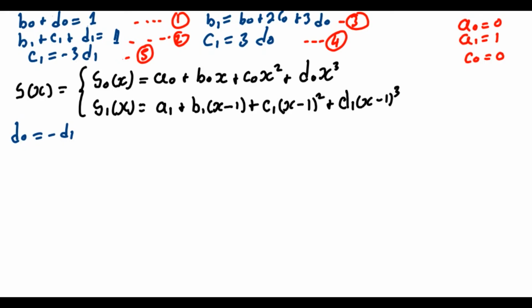Okay, so what follows? This D naught is equal to minus D sub 1. I'm going to substitute it in equation 2. Where's my equation 2? It's this one here. Is it equation 2?